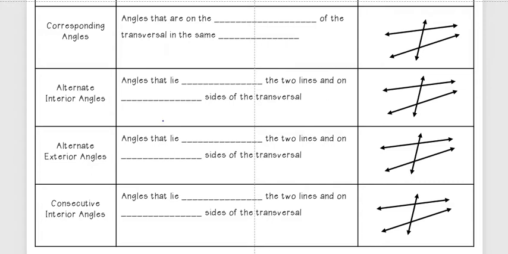The first one is corresponding angles, and those are angles that are on the same side of the transversal. So again, remember, this is my transversal right here, so they're on the same side, so either the left or the right, in the same position.